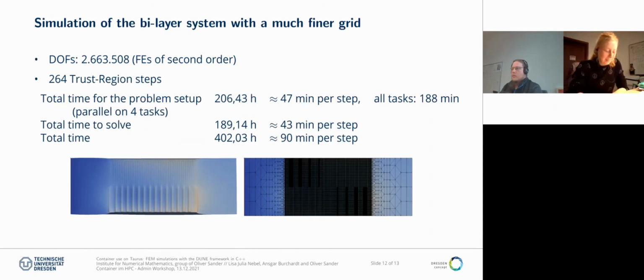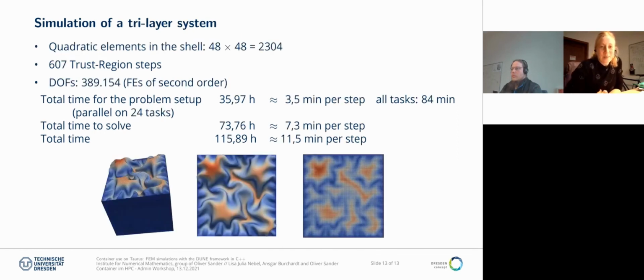And then on the last slide, you can see the simulation of the tri-layer system. This does not include only one shell on top of the 3D polymer layer, but another one. And this was an experiment that another researcher at the Institute for Polymer Research was asking us for, because we were already able to reproduce this splitting up of the wrinkles.